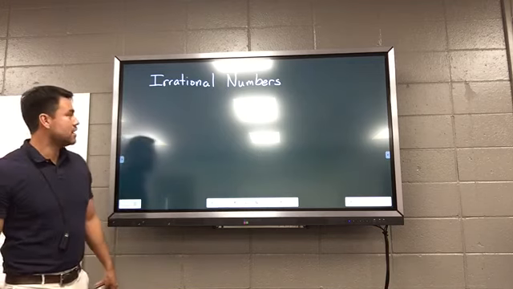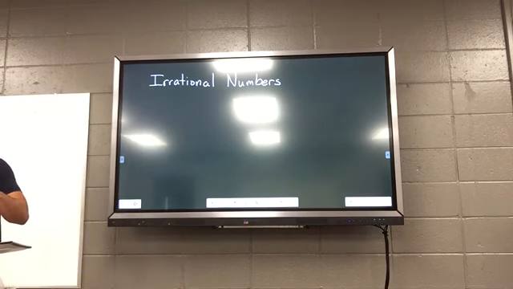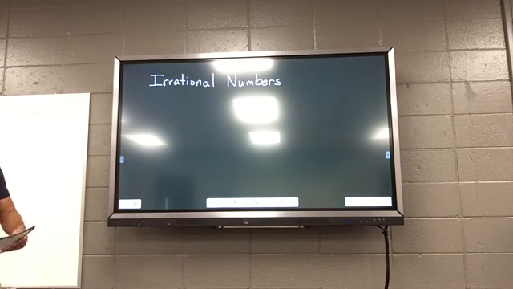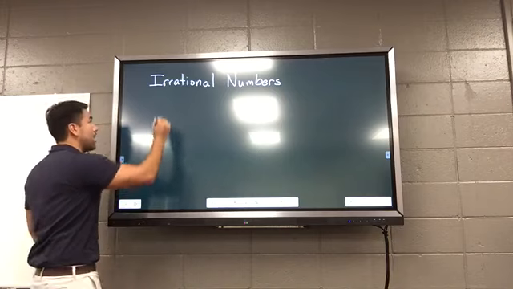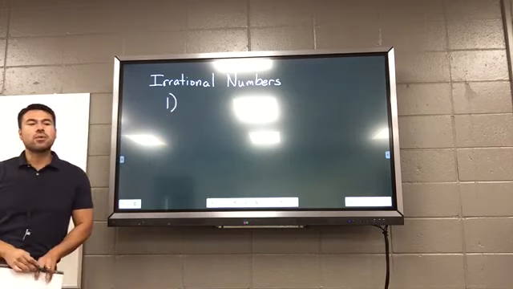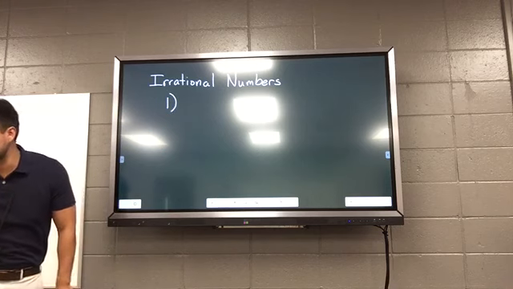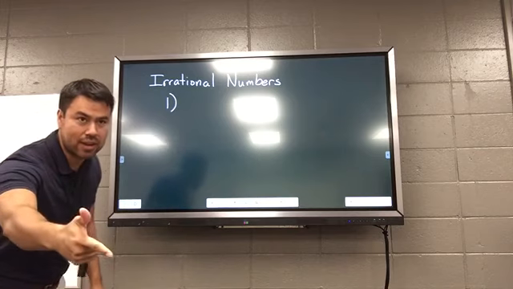Okay, just like with rational numbers, there are types of irrational numbers. And we'll go through these, and I'll see if you guys remember this with a little exercise. Okay, the first type. We talked already about repeating decimals, right? We talked already about terminating decimals, right?